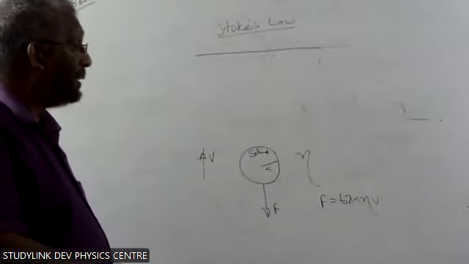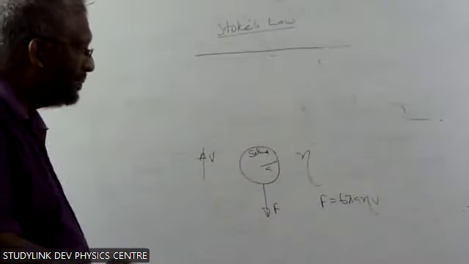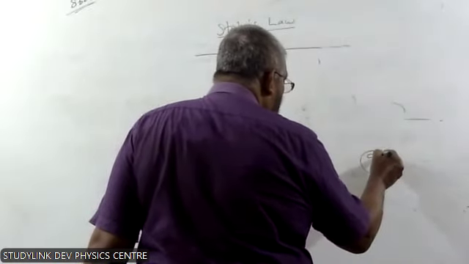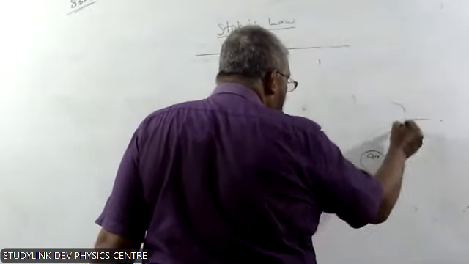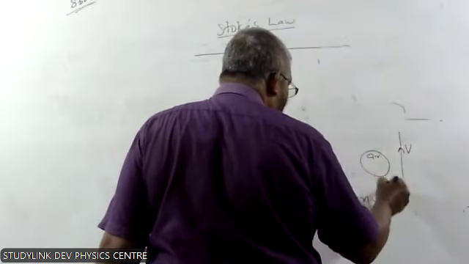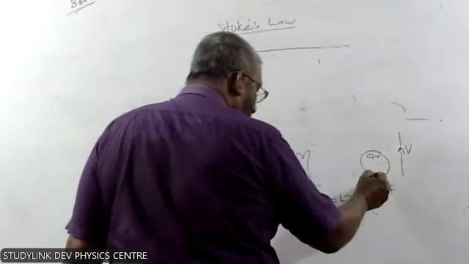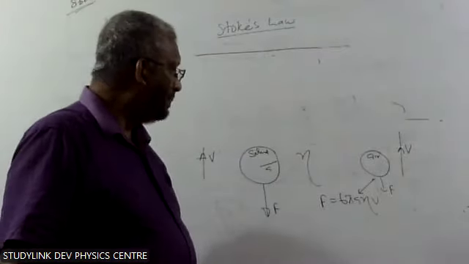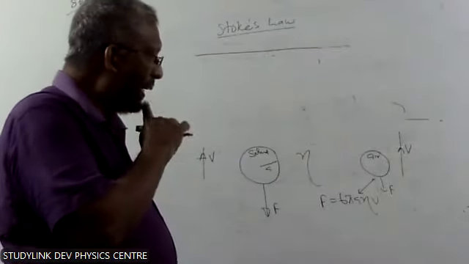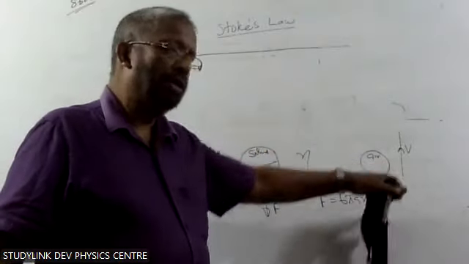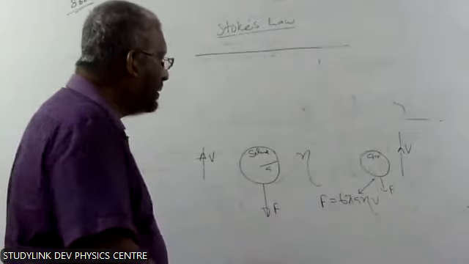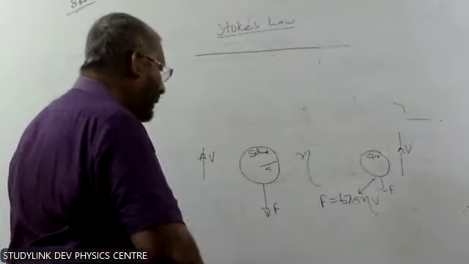And a very famous situation is an air bubble. Air bubble is moving upwards. Same equation. Now the density of air is less than water. It's obvious. So in this situation, this sphere is moving up.